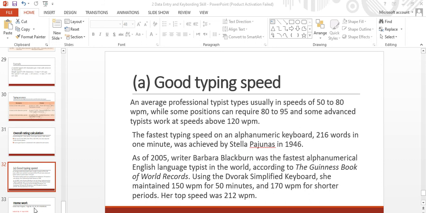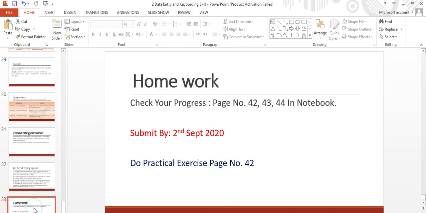Now homework. In your textbooks, check your progress on pages number 42, 43 and 44. All the questions and answers, MCQs, fill in the blanks, short answer questions and long answer questions, you should do in your notebook. If you have any doubt in finding answers, you can ask me.